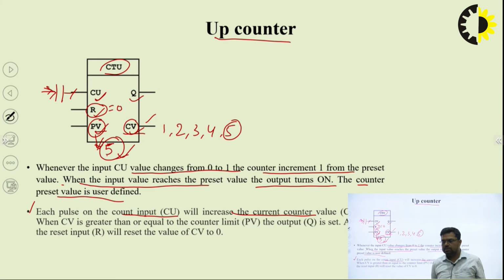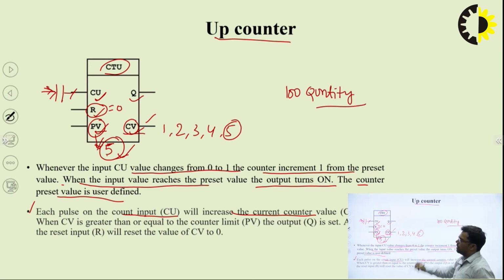Let's suppose in a parking system we can park 100 vehicles. There will be a counter, and that value is always registered in a register.